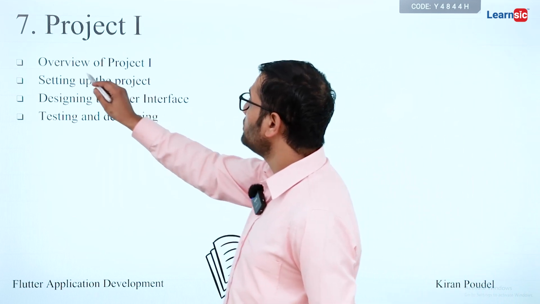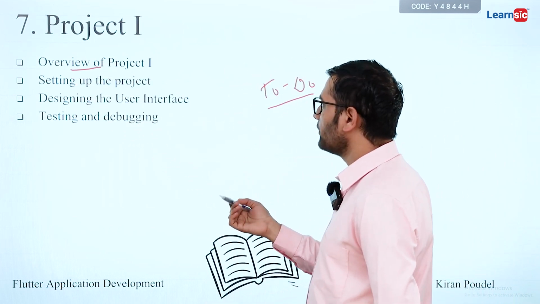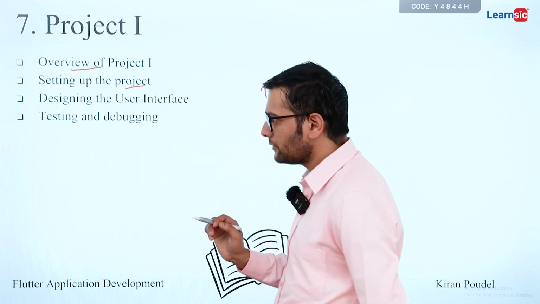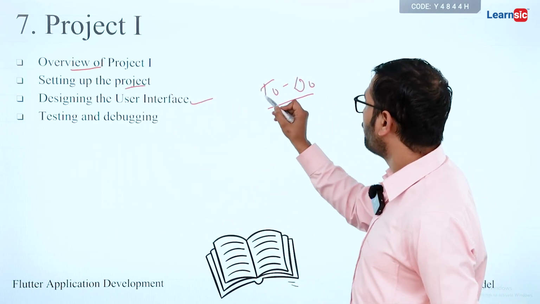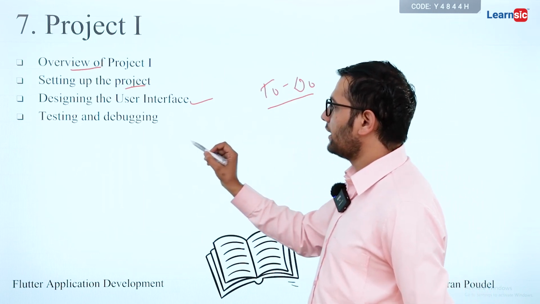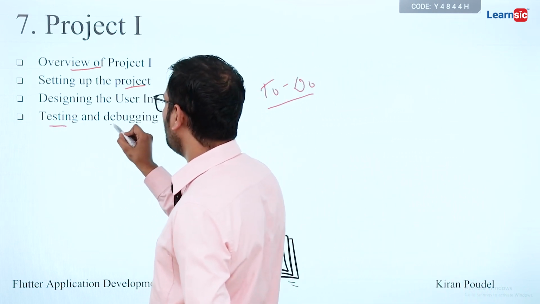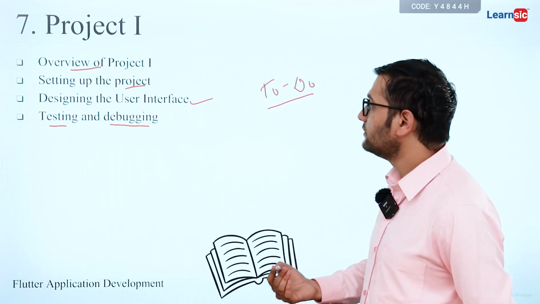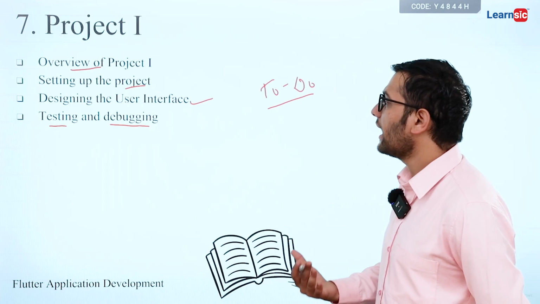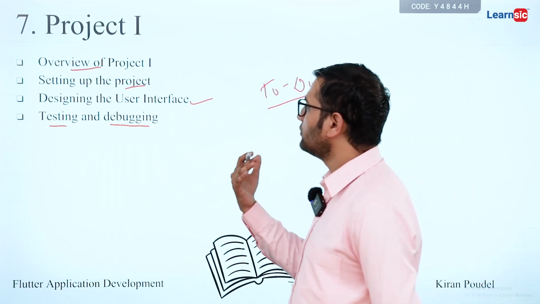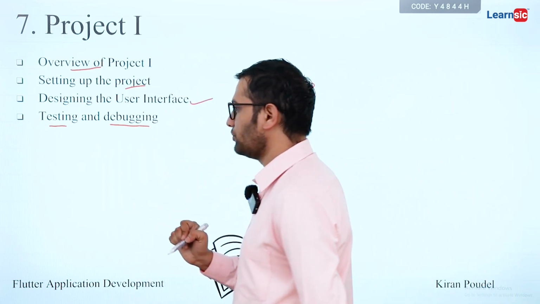So at first we will discuss the overview of the project. We will do some setup for the project, also design the user interface and implement the API of the To-Do, and at last we are going to test and debug our application to see whether there is any issue or not, and if we find any issue then we are going to resolve those issues as well.